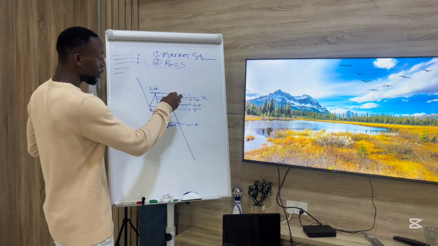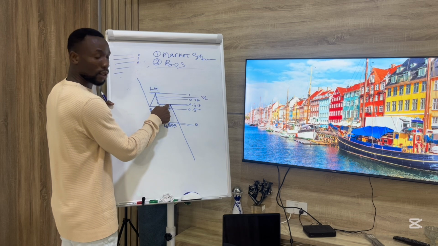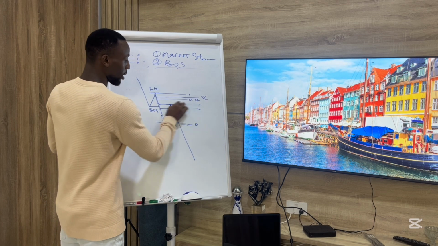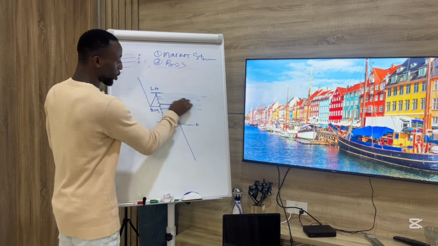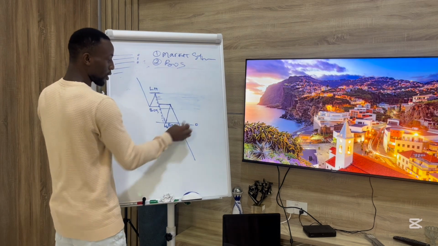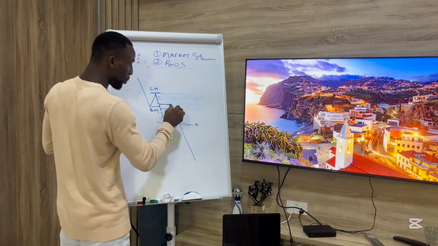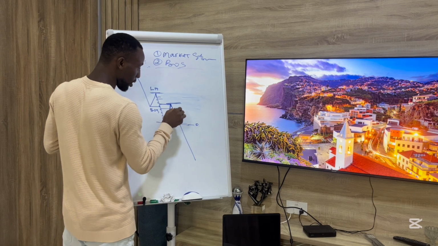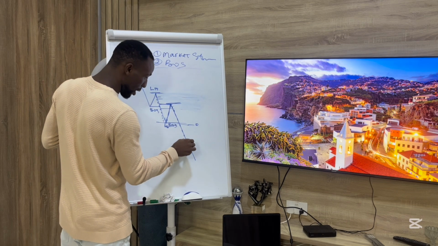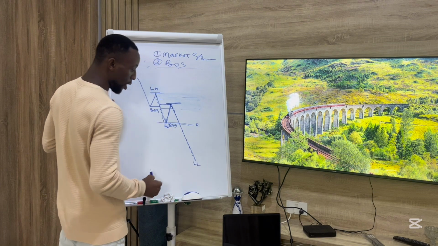Now, you will place your Fibonacci to the current lower high, which is this. Your current lower high is no longer this one, but this one. Now your current lower high, which is this, you place your Fibonacci all the way down to the new lower low.